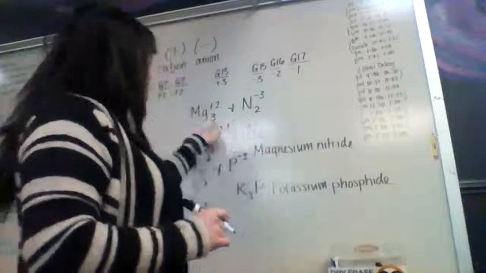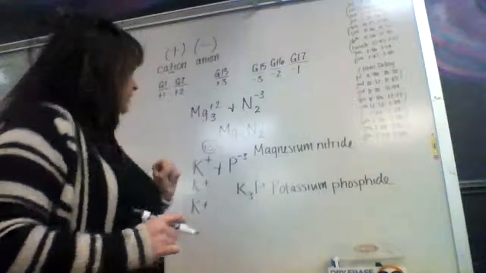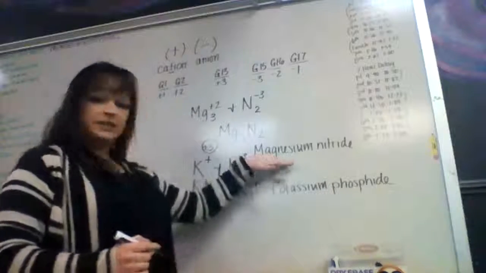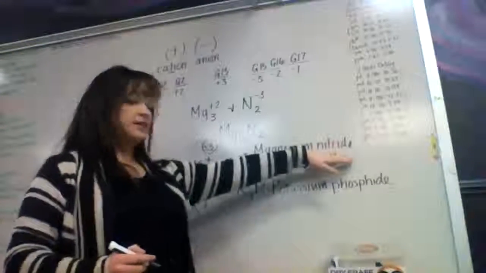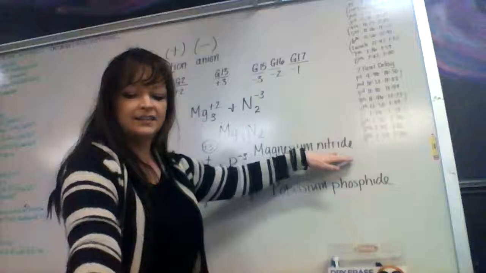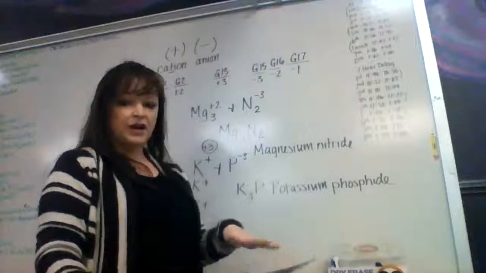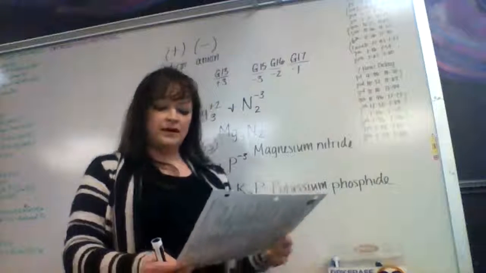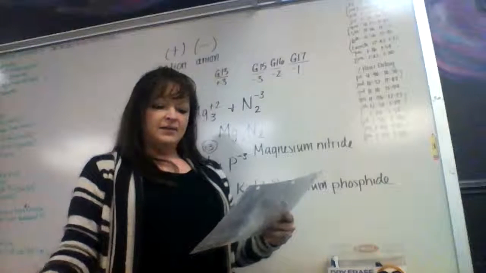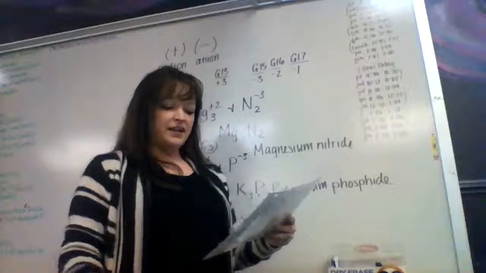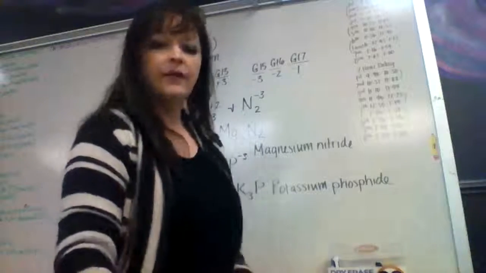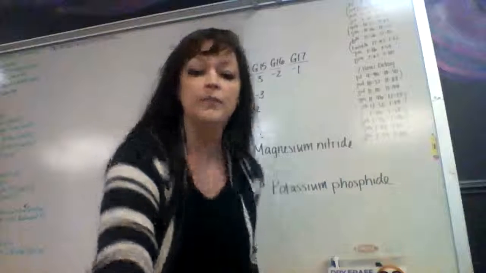That's how you know what subscript you need to use. And then the name is always the first element is named. The last element, you just give it an ide ending. So it would be like nitride, oxide, fluoride, chloride, bromide, iodide, sulfide, phosphide. Those are just some of the common ones that you'll have. Okay, so hope that helps.